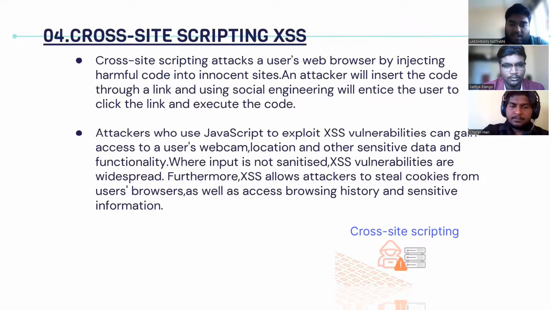Attackers who use JavaScript to exploit XSS vulnerabilities can get access to a user's webcam, location, and other sensitive data and functionality. Where input is not sanitized, XSS vulnerabilities are widespread. Furthermore, XSS allows attackers to steal cookies from users' browsers, as well as access browsing history and sensitive information.